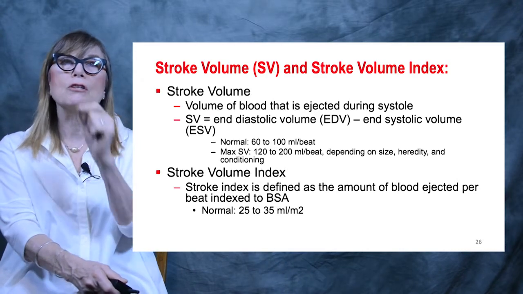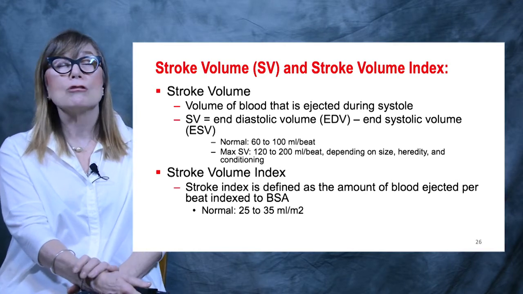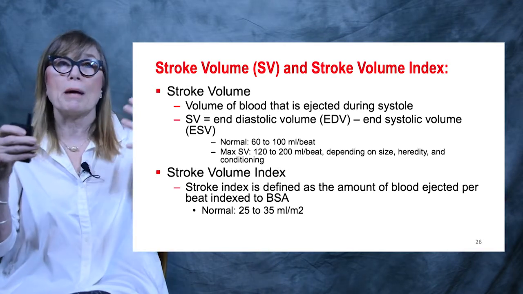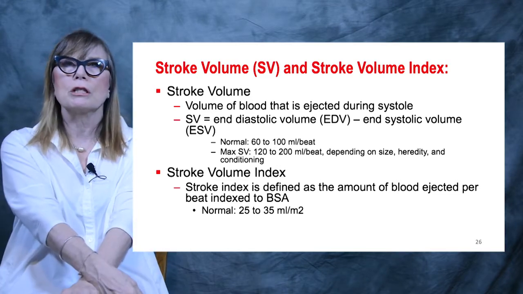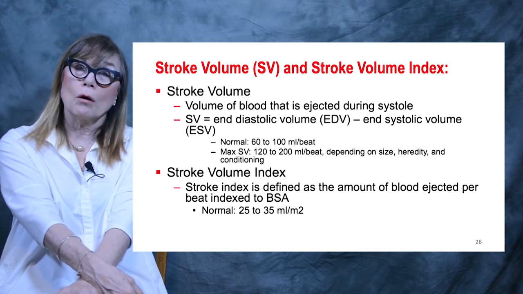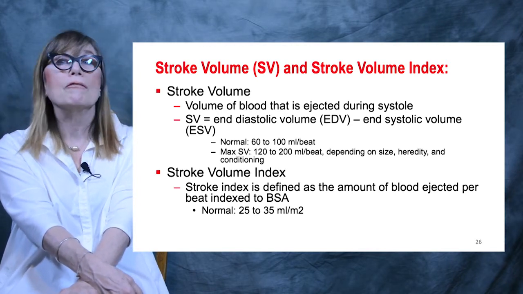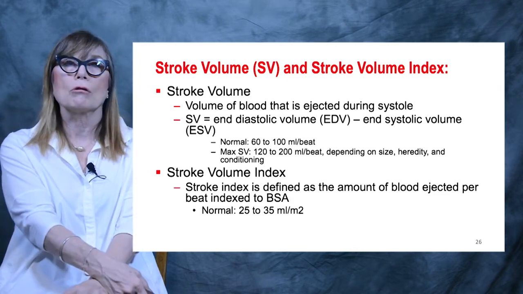Normal is 60 to 100. Now when we index that to your body surface area, which gives us a much better idea, much more clarity about the blood flow being delivered to your tissues, stroke index is normally 25 to 35 mLs per meter squared, which is the measure you make for stroke volume index.